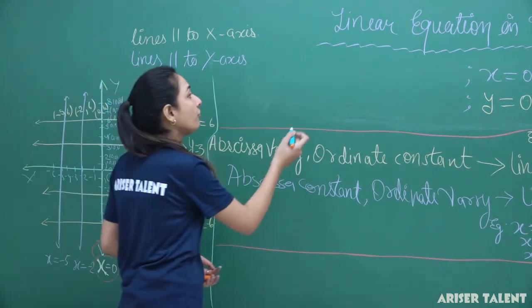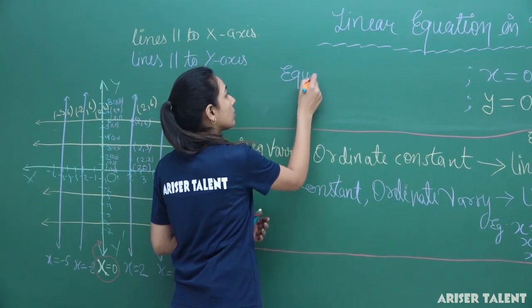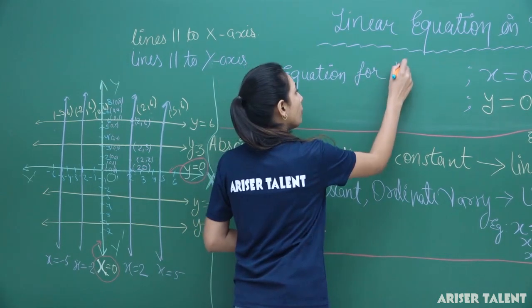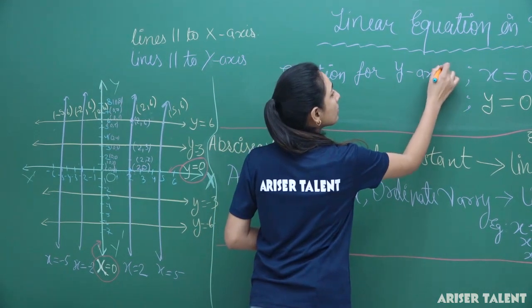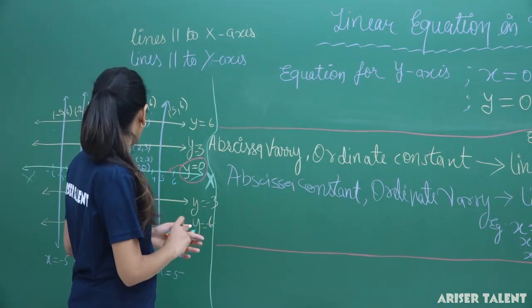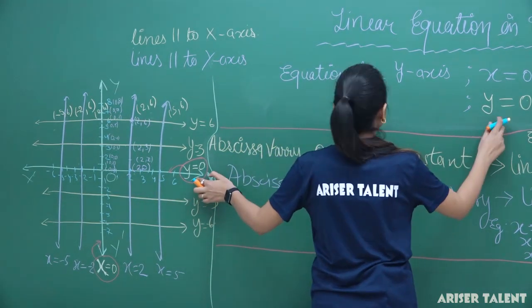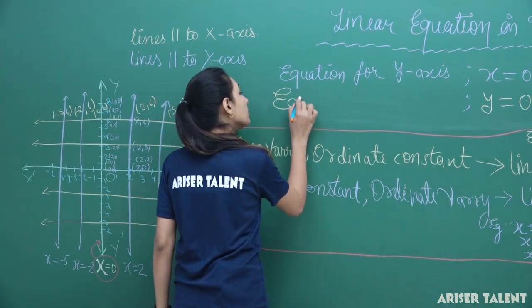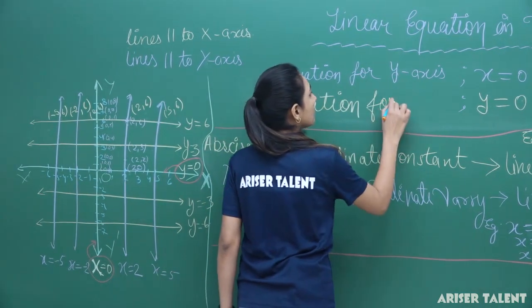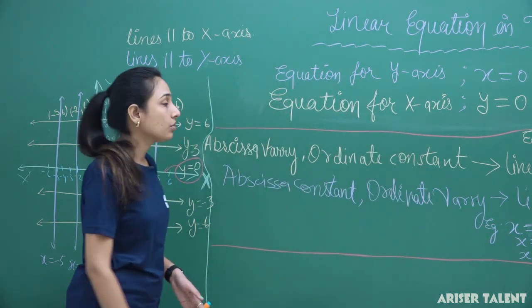So the equation for the y-axis is x equals 0. For the y-axis, x equals 0, and for the x-axis, now this is the x-axis, the equation is y equals 0. So the equation for the x-axis is y equals 0.